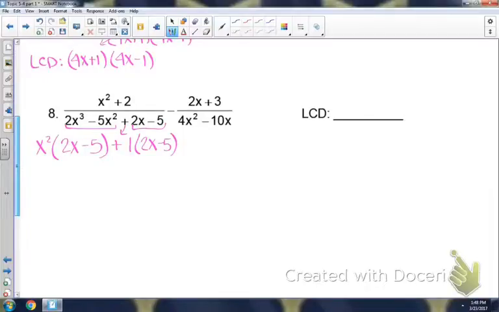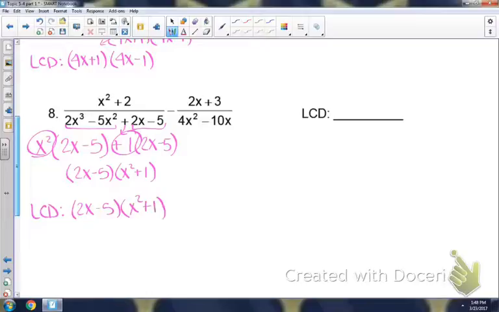When I factor that, remember you're writing 2x minus 5 one time, and then you're grouping those 2 together to get x squared plus 1 for your other factor. So to find my LCD, I factored the first one to 2x minus 5 and x squared plus 1. So I'll bring it down.